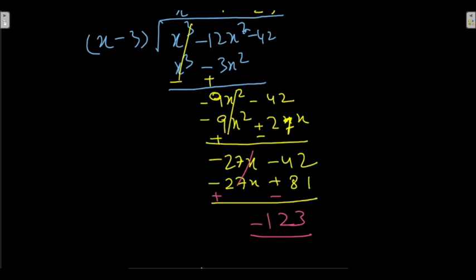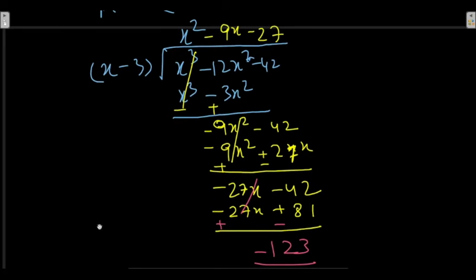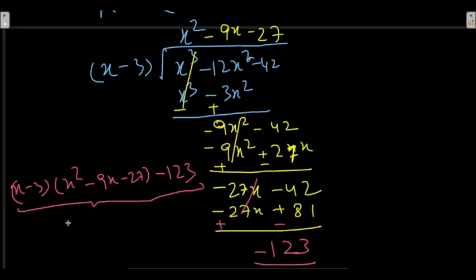Hence now we can say that x minus 3 into x squared minus 9x minus 27 minus 123 is nothing but our polynomial, which was x cubed minus 12x squared minus 42.